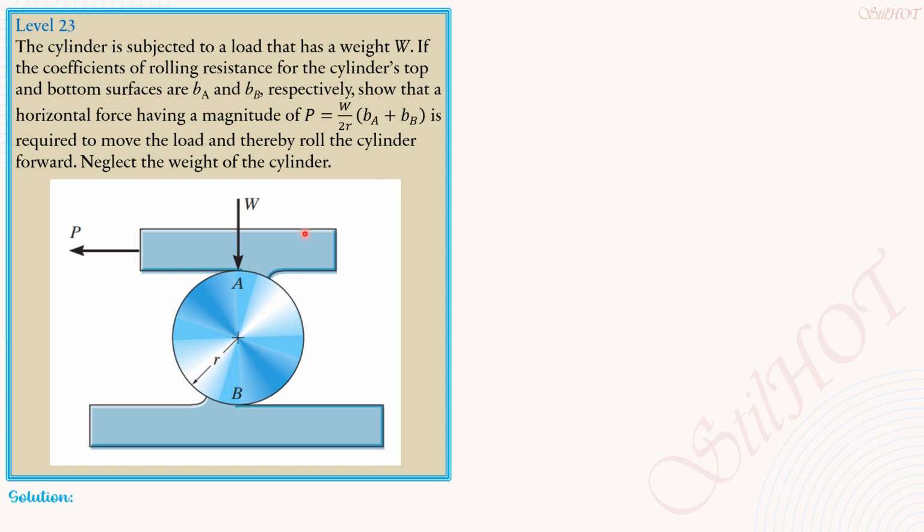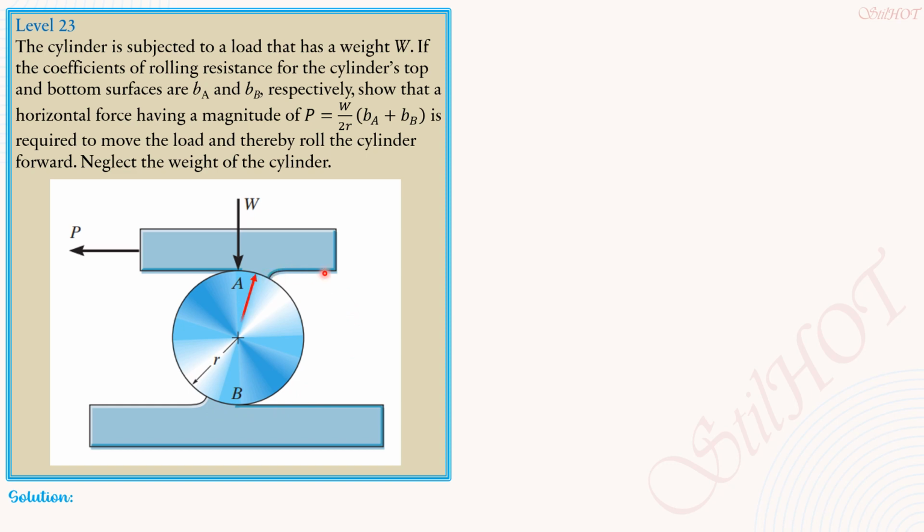So for the solution, let's have the free body diagram of the upper part, then the free body diagram of the lower part. Remember, the principle is we have to locate the point where the reaction, or the resultant of the load and the friction, meets or intersects with the wheel's surface, and we sum up moments there.